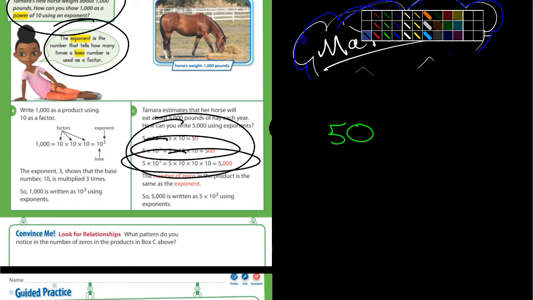The cubed is 3 zeros, the squared is 2 zeros. That's all you're doing. So if I wrote 7 times 10 to the 4th power, that would be 7 followed by how many zeros? 4.